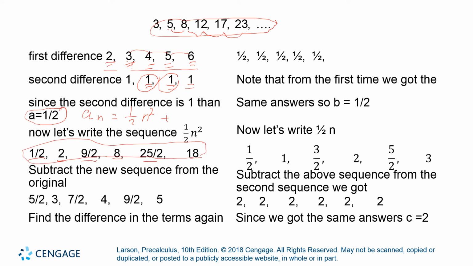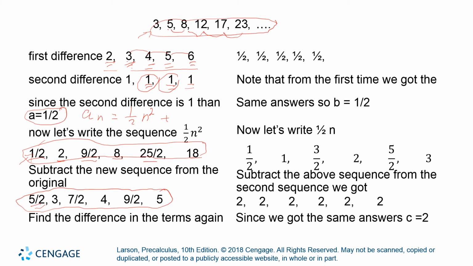If I subtract these, notice 3 take away 1/2 is going to give me 5/2. And 5 take away 2 is 3, and so on. So this is now the new sequence I'm going to be dealing with for finding b and c.